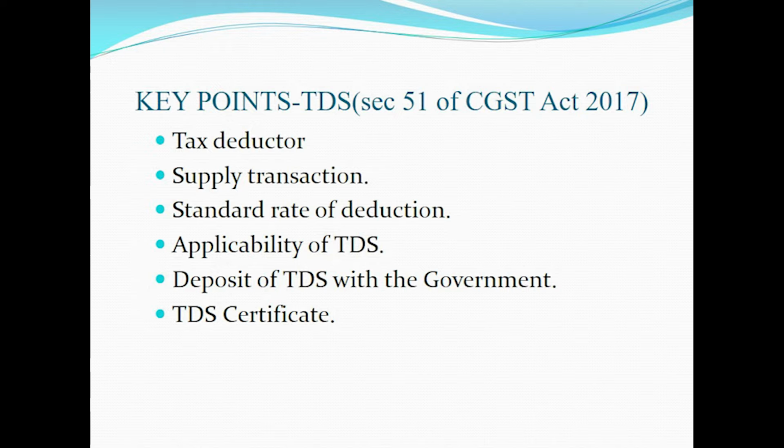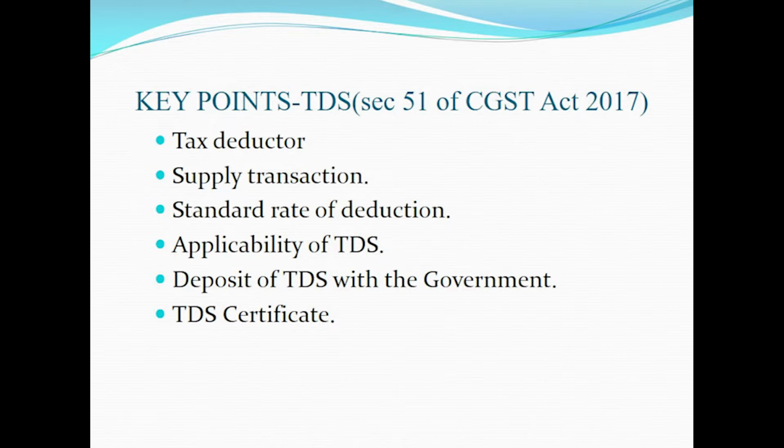If the location of the supplier and the place of supply are in the same state, then TDS is applicable. If they are in different states, then there is no TDS.